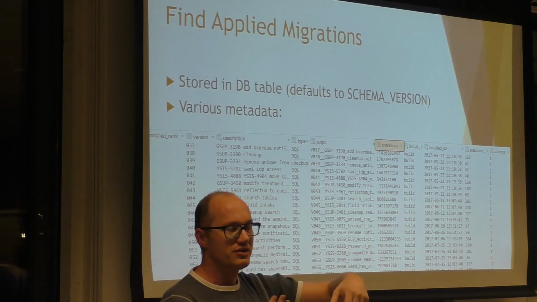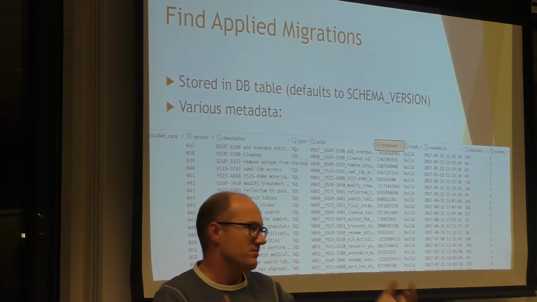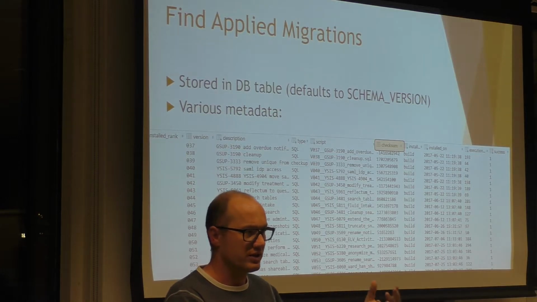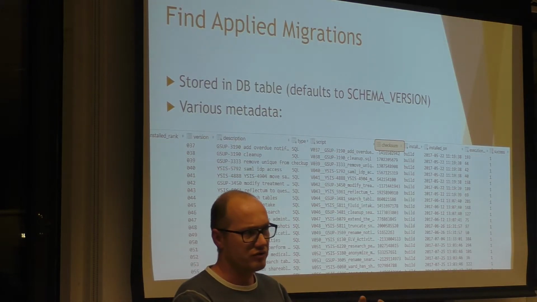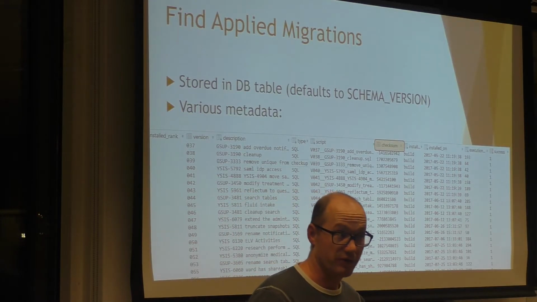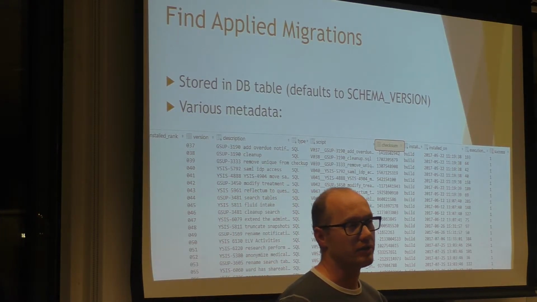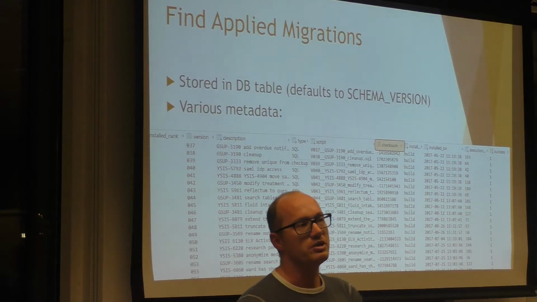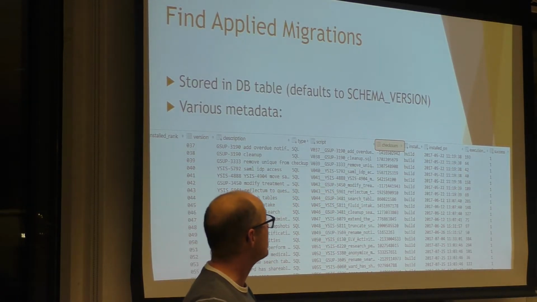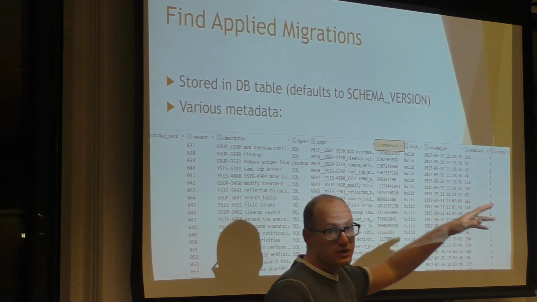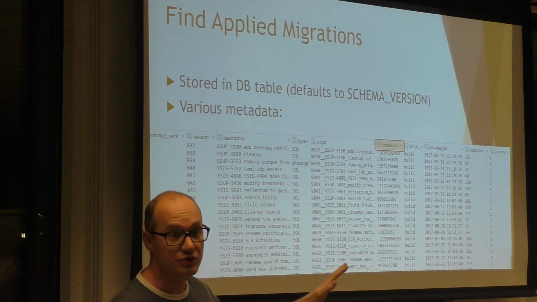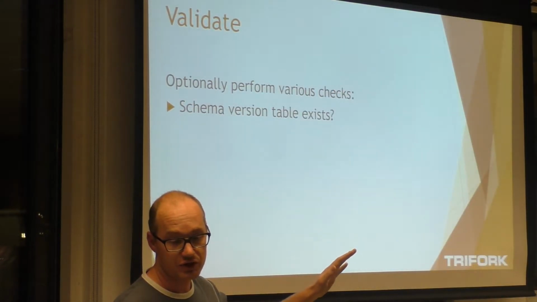Because if you change something that was already applied, then there's no guarantee, right? You don't know if your database is still in the correct state because, well, you ran the script already, but apparently it wasn't the same script. So the rule with Flyway is you shouldn't be changing migration scripts if they have already been applied to a given database, right? You should just have another migration script in that case. You see some other information, when was this run, how long did it take to run, that sort of thing. So that's what it uses for its internal administration.